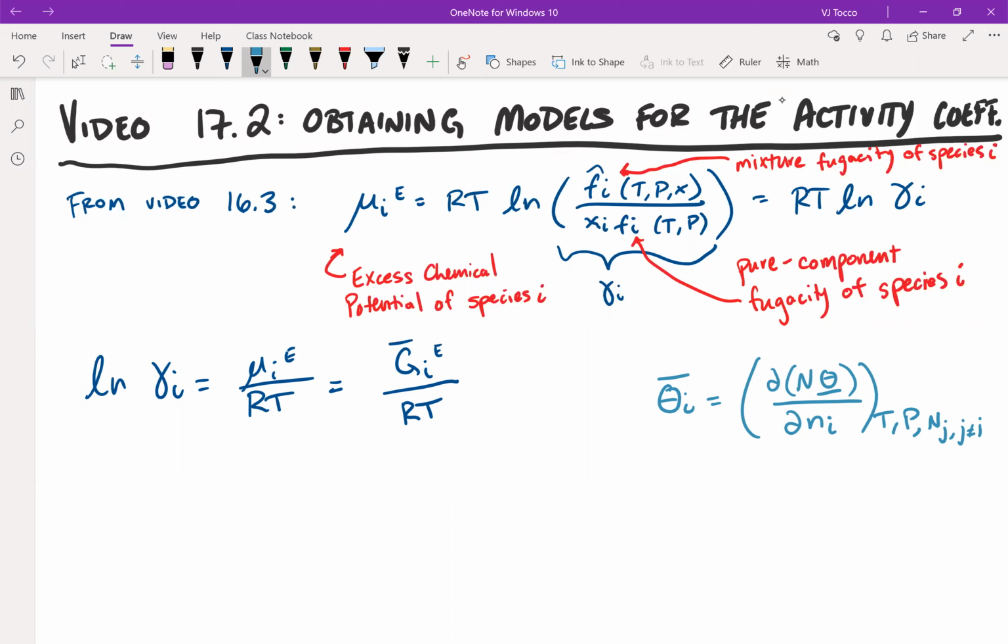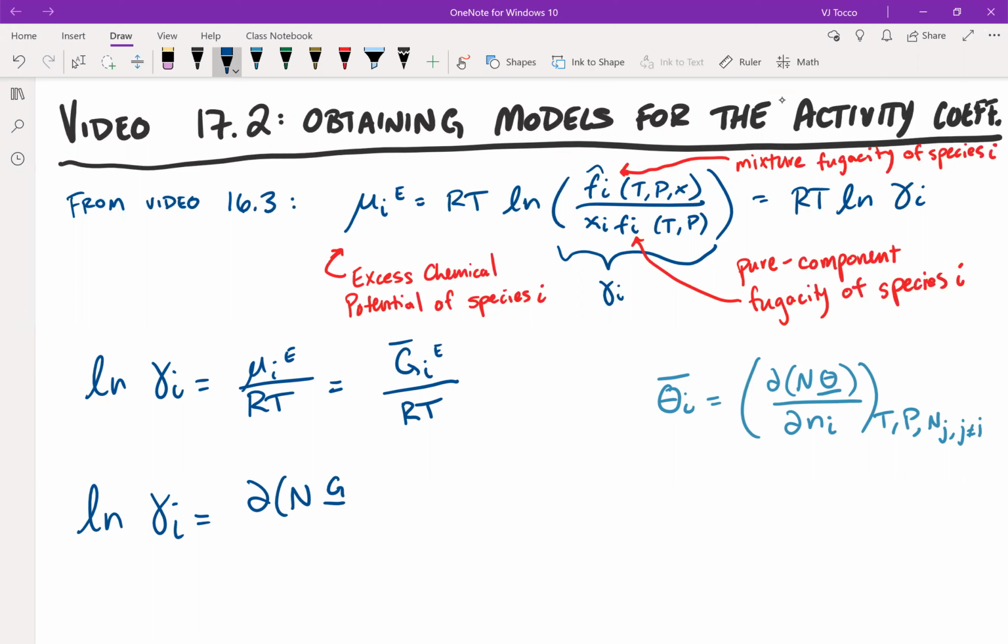If I plug in this definition from before to apply it to the partial molar excess Gibbs free energy, recall that temperature and pressure are constant, so therefore I can just lump this all together. Therefore I can express this as ln of gamma i is equal to the partial derivative of number of moles, and then I'm just going to put this entire thing inside.